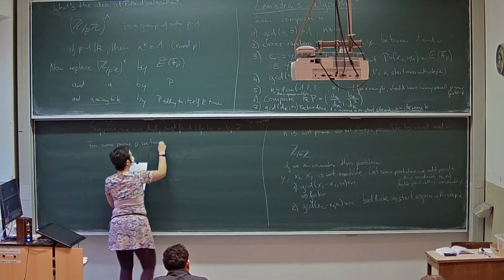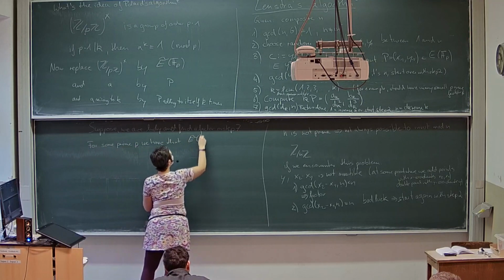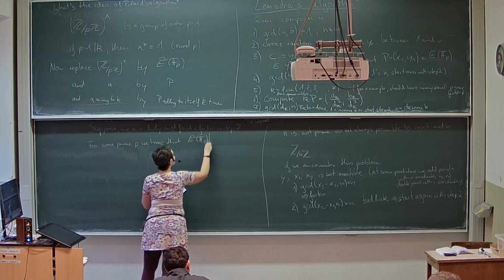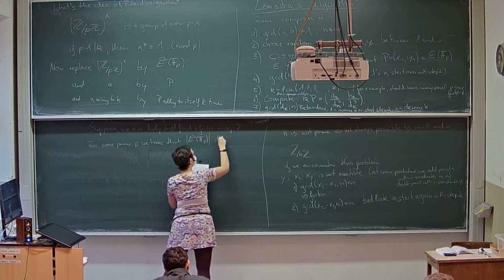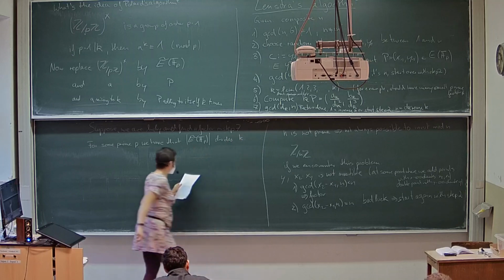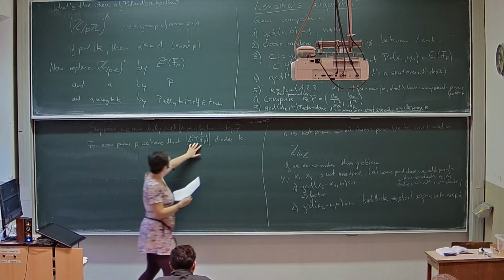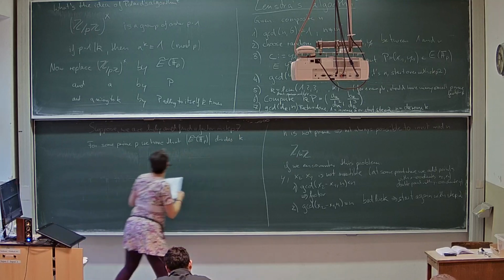So for some prime p, we have that the number of F_p rational points divides k. And then every element in here has order dividing k.